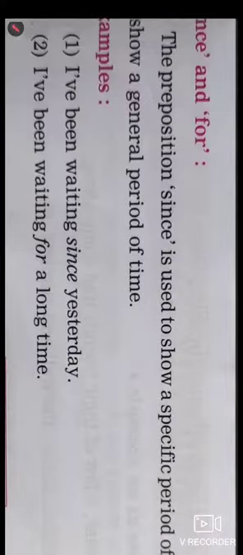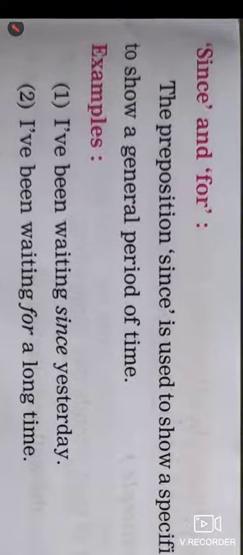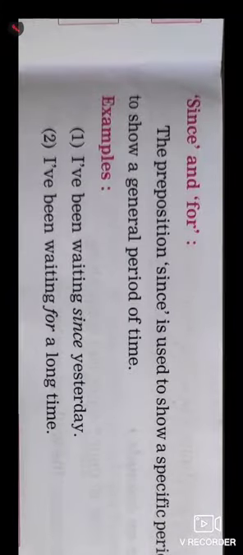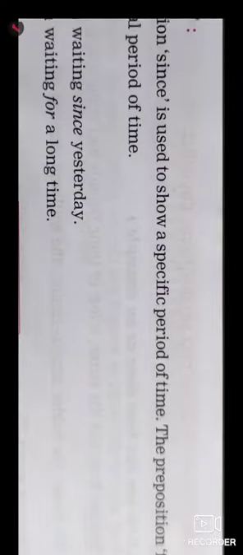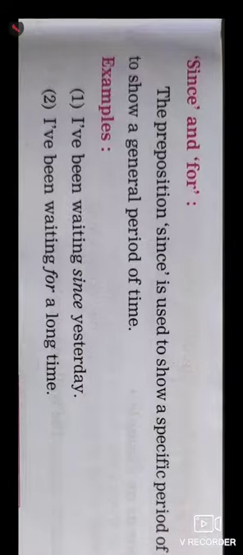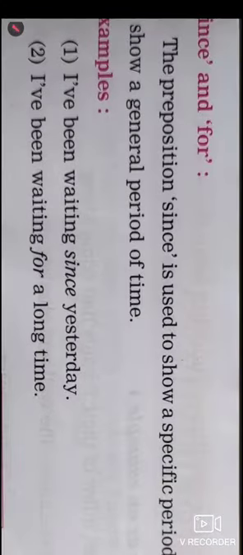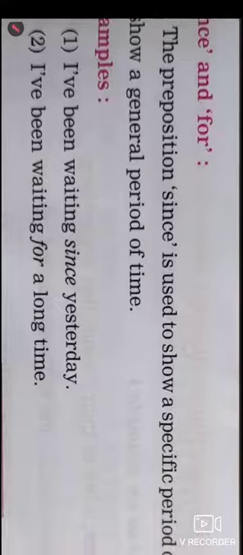Here is another kind of prepositions: since and for. The preposition since is used to show a specific point of time, while the preposition for is used to show a general period of time. If we mention a specific time, then we use since; and if we use the term in a general sense, we use the preposition for. Let us have an example: I have been waiting since yesterday.